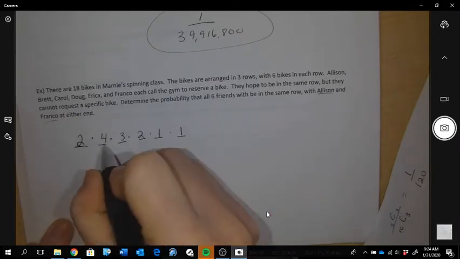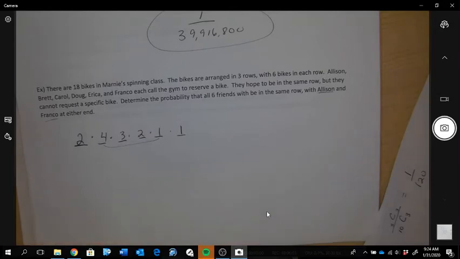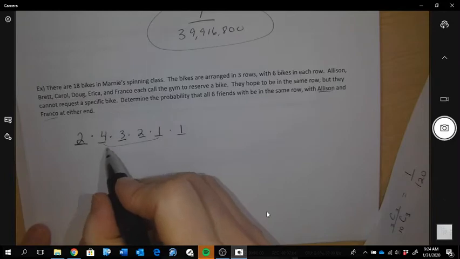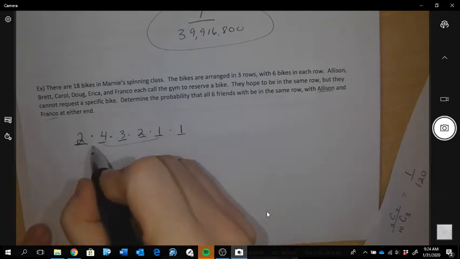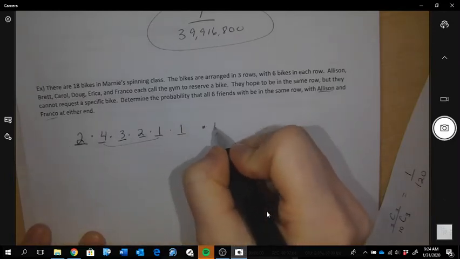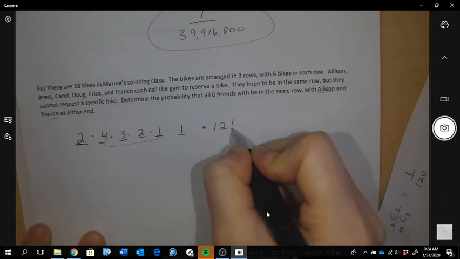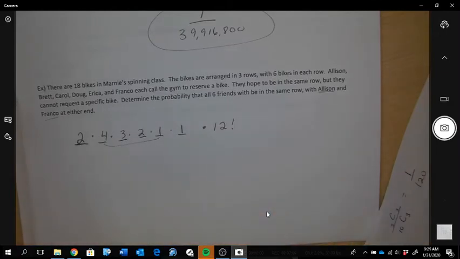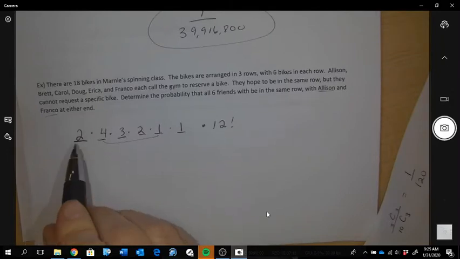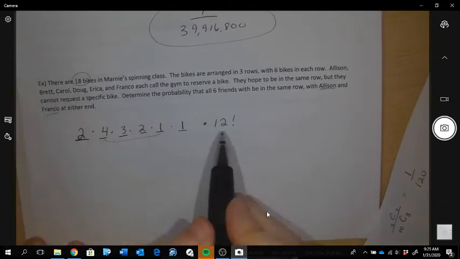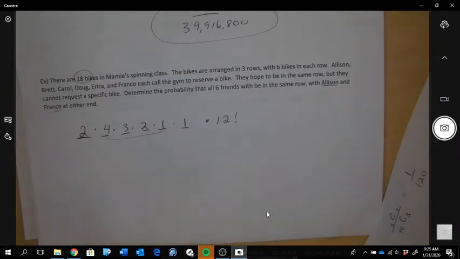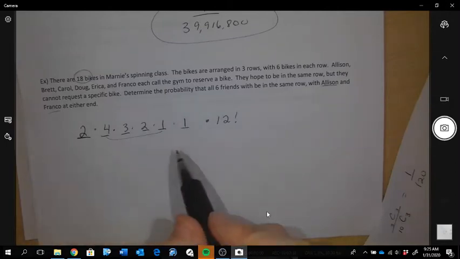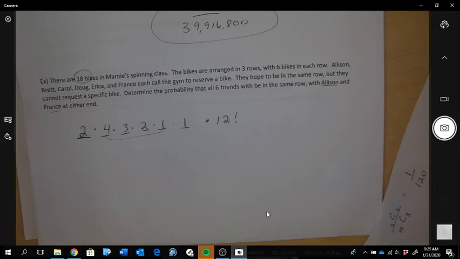So those could be rearranged like that. And so if that's the row, the permutation would be that times 12 factorial, because this is the 6, and to have the 18 bikes, the rest of the non-friend people would be arranged in 12 factorial ways.